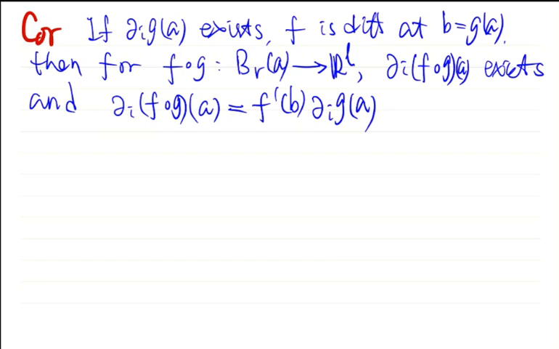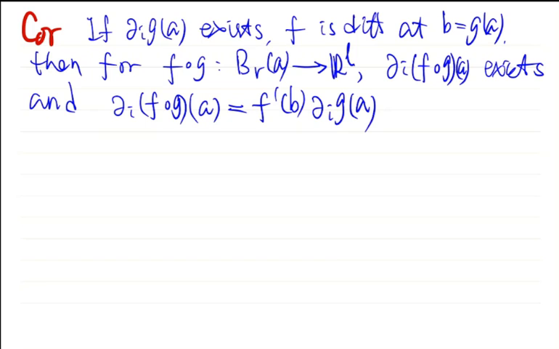Okay, this is interesting. But our theorem requires the differentiability of both f and g. Now we only have the differentiability of f. g is not necessarily differentiable. How do we apply the theorem? Before reviewing the idea of this, let's have a look at this condition.